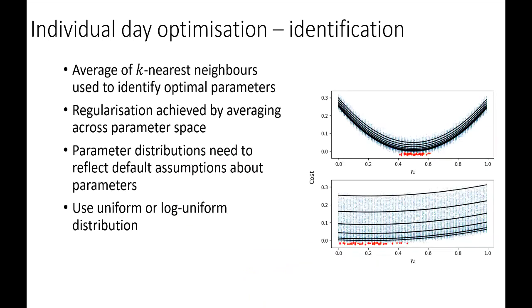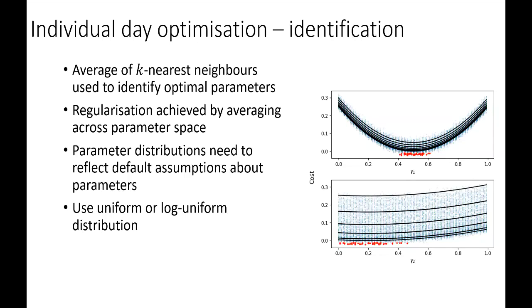The way that we do that is to select the k lowest cost functions that we see and average them. So it's very, very simple. Let's say this is 30 parameters, we select all of those and average them. That's our optimized value. Very simple.